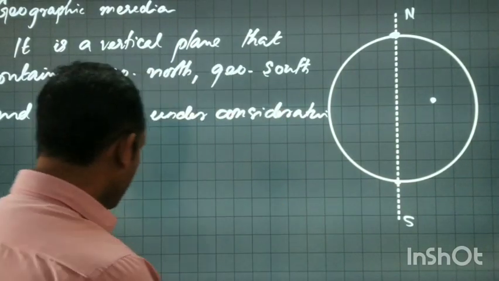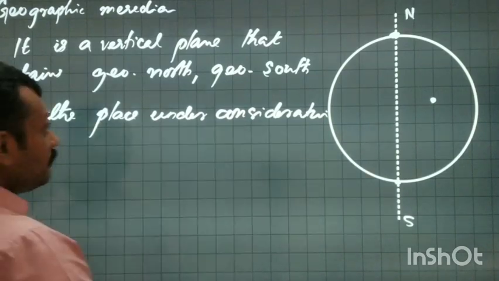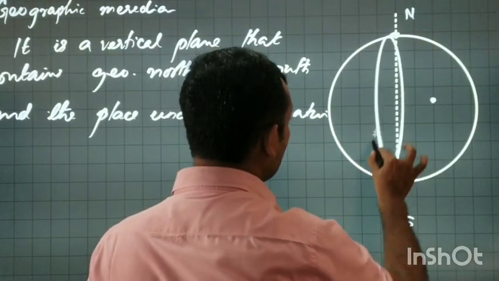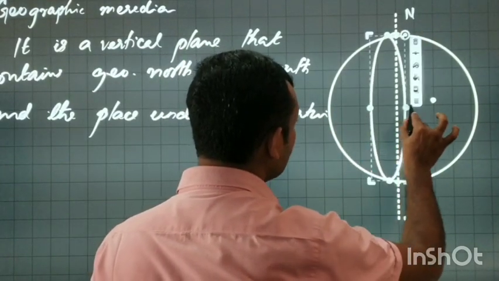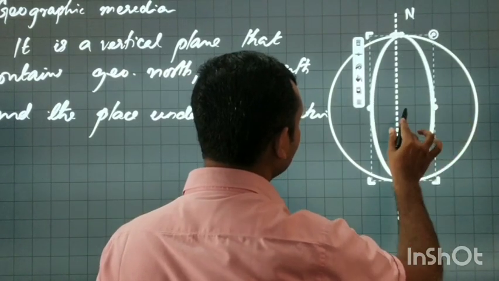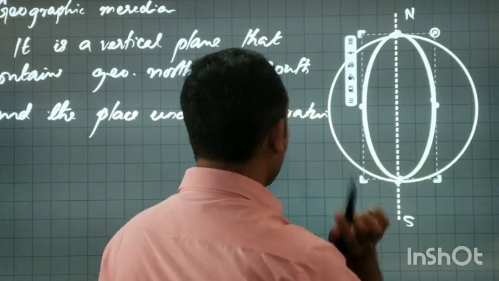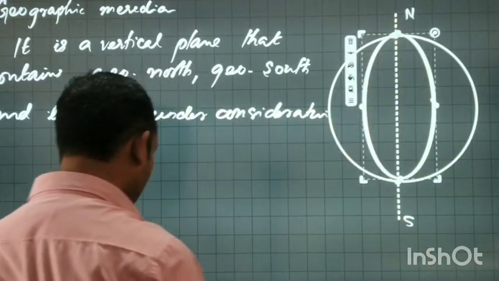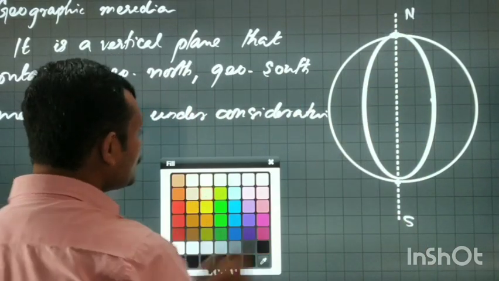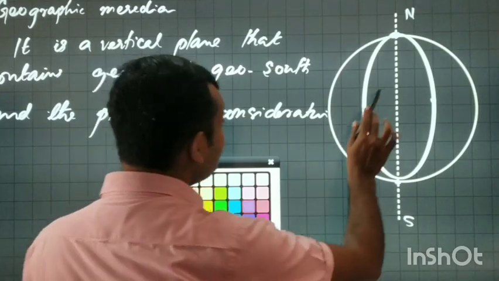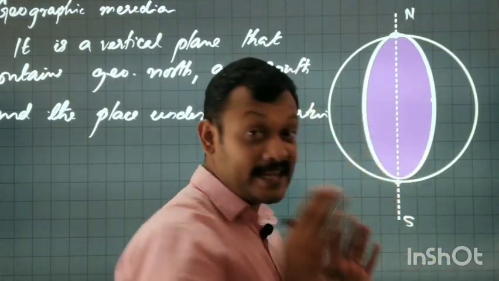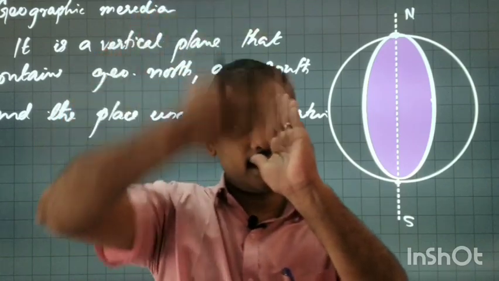If you cut this one, you will have a plane which is passing through this point this way, right? Now here you got a plane like this, and this plane is called a geographic meridian. It's a vertical plane. You are cutting like this.